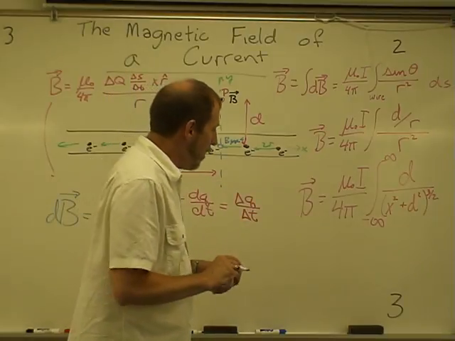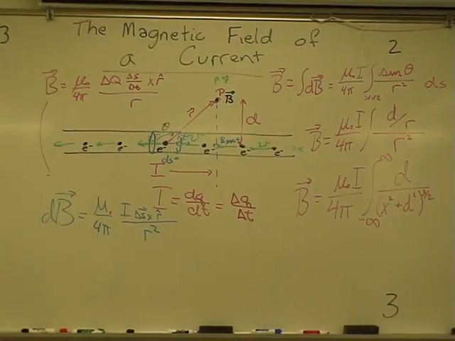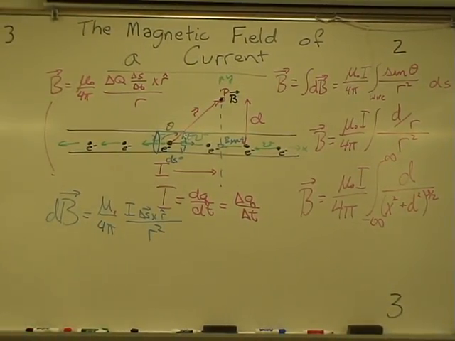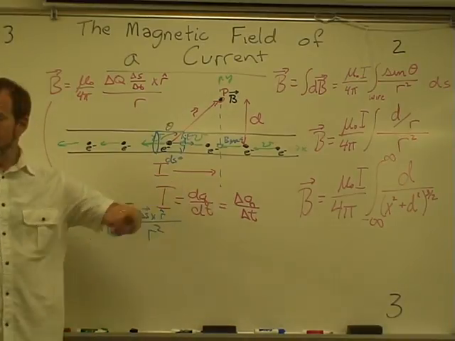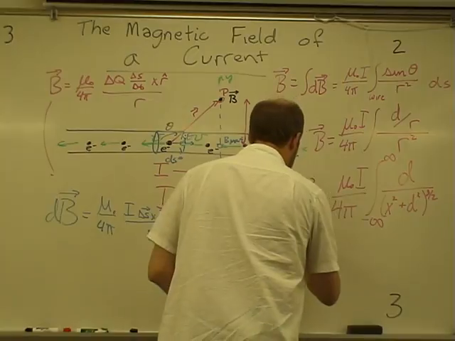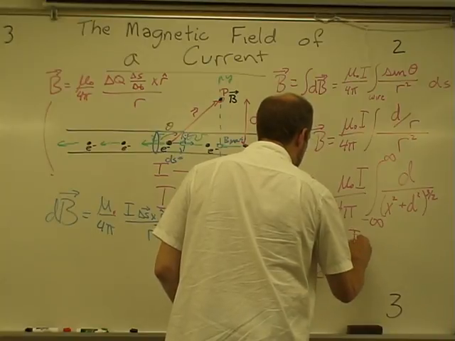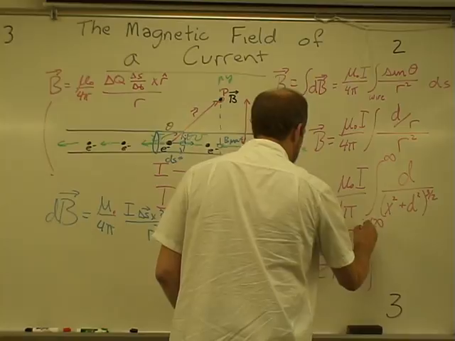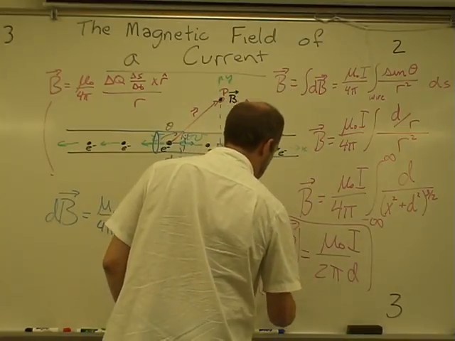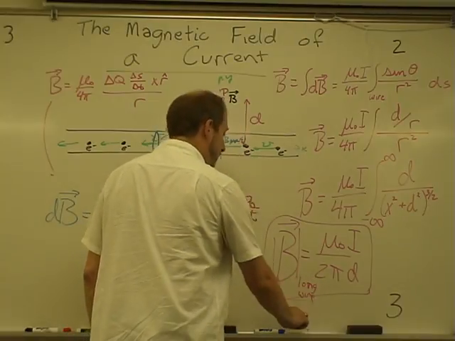The second time we go through this, often what we're going to do is simply look up that answer in a table of integrals, and I will find that the resultant answer is mu naught times I, the current, over 2 pi d, the distance from the wire. So that's the magnetic field for a long wire.